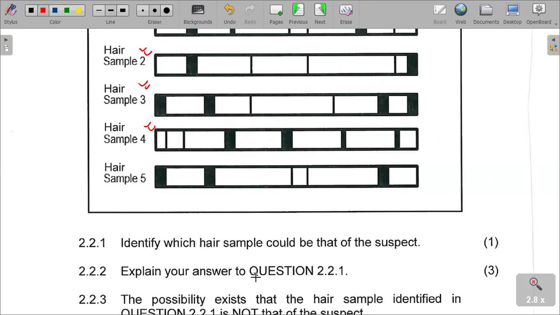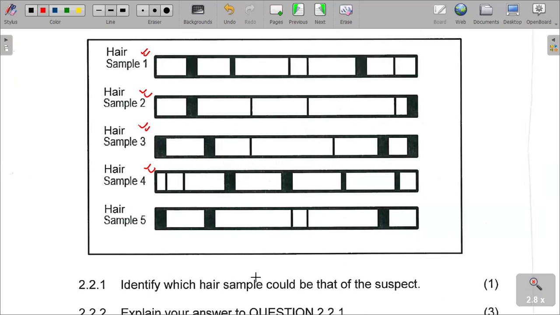So which one can be that of the suspect?